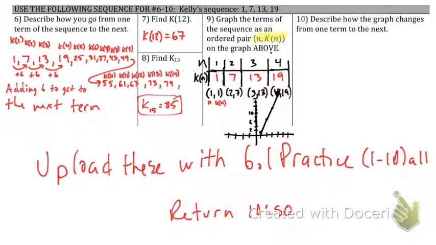Describe how the graph changes from one term to the next. So for the graph, remember, we want to use rate of change. So is my graph going up or down as I move from left to right? It's going up, so the rate of change is increasing.